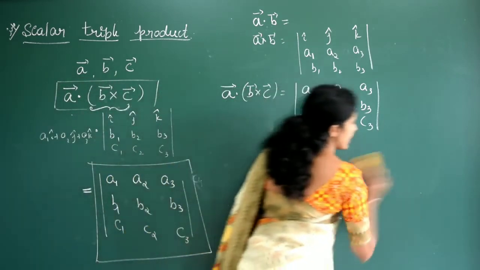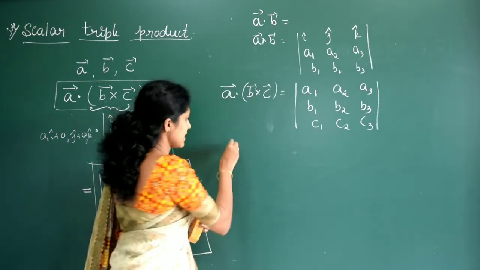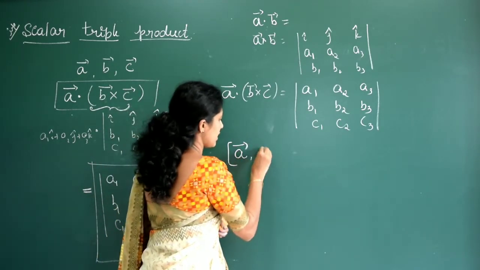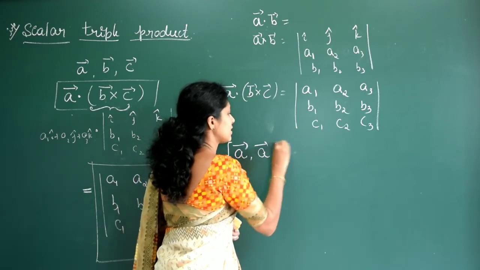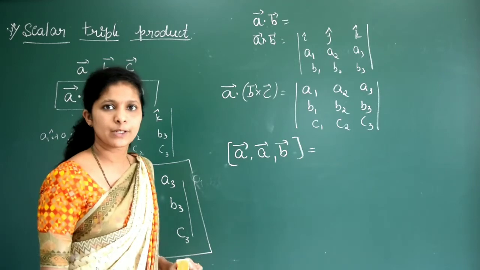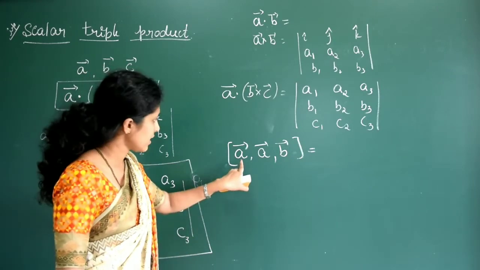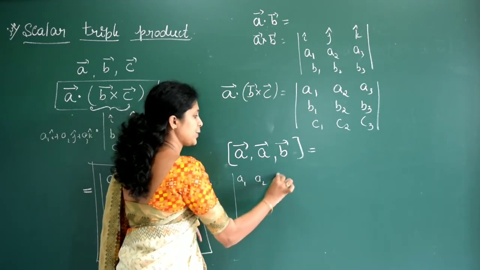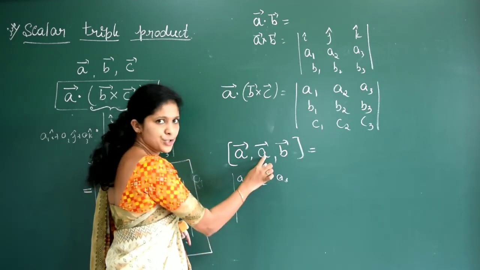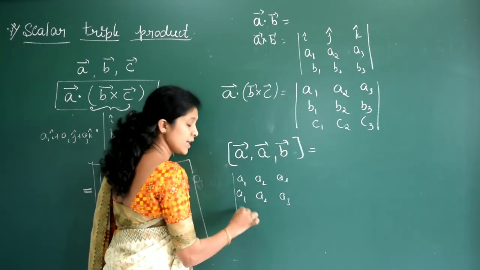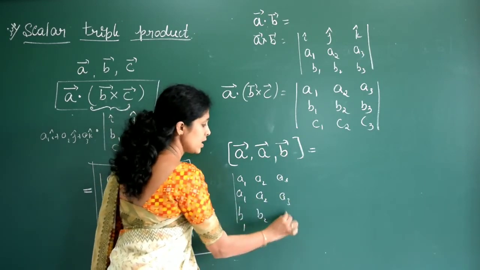One more thing. If I write this as A vector, A vector, B vector, can you see what the scalar triple product will be? I need to write the elements: A1, A2, A3, then A1, A2, A3 again, then B1, B2, B3.